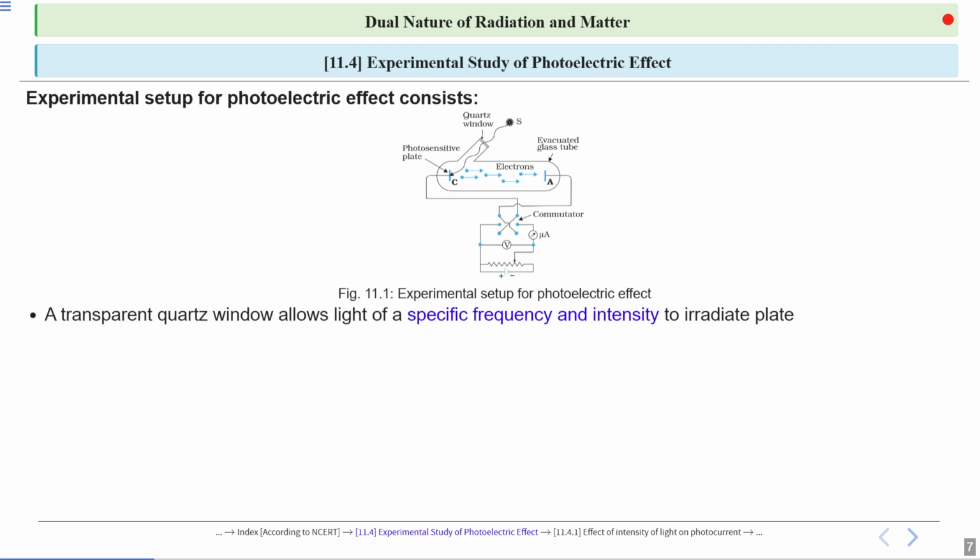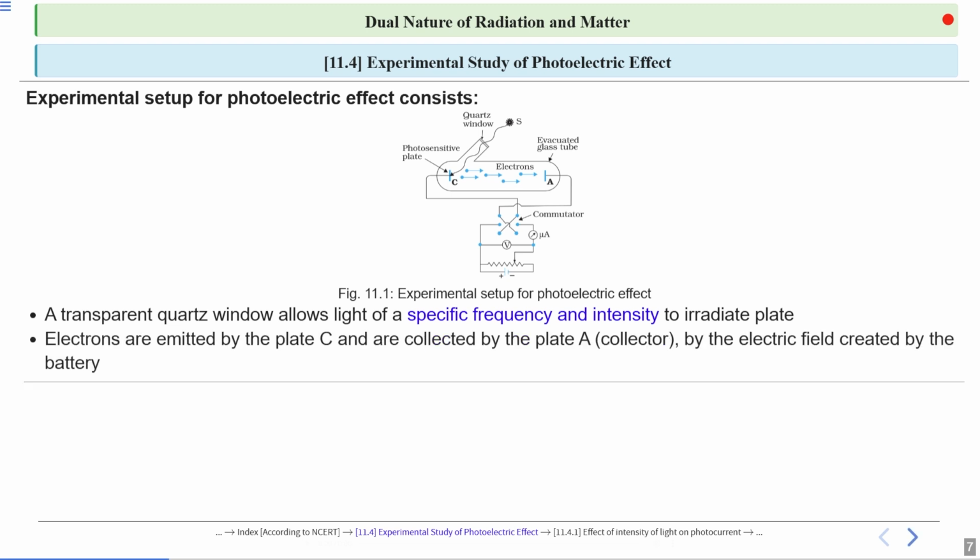If we talk about an example, if we use ultraviolet light with a frequency above a certain threshold, electrons will be emitted. But if the frequency is too low, nothing happens, no matter how bright the light is.